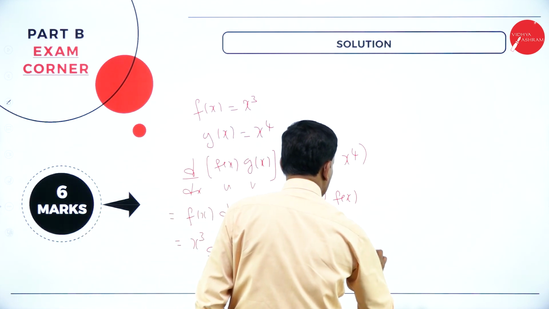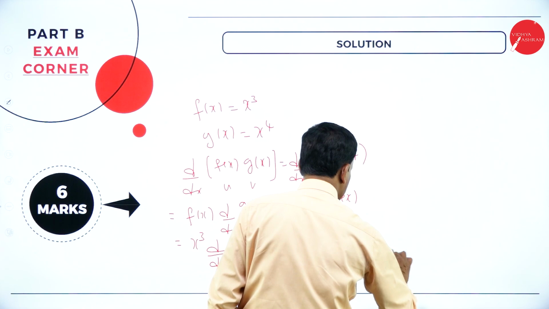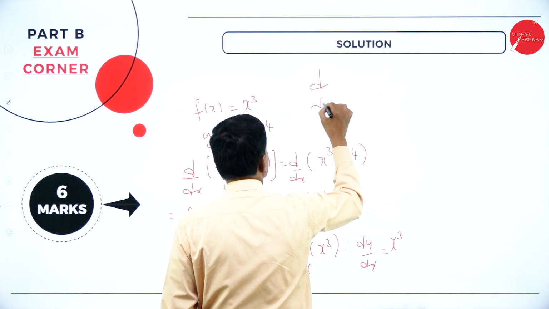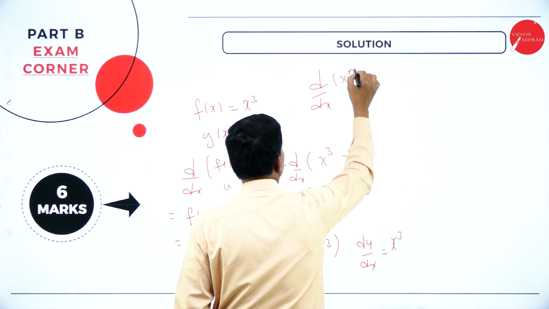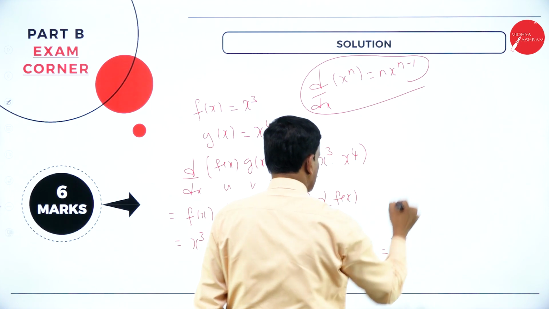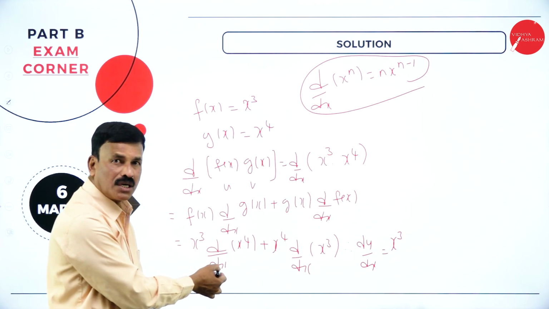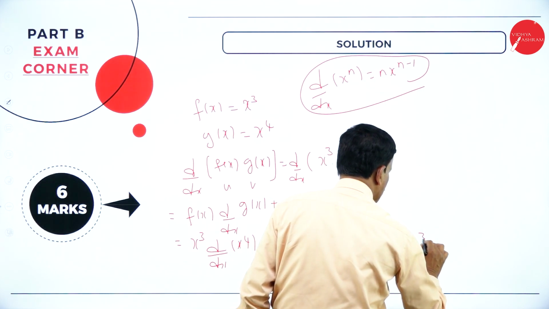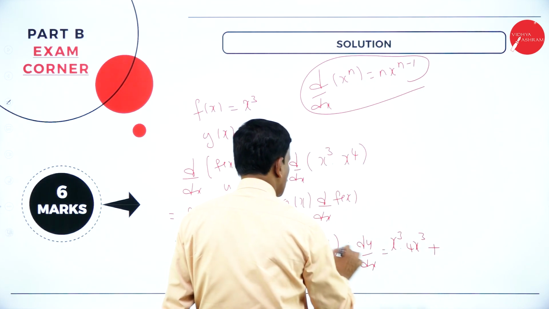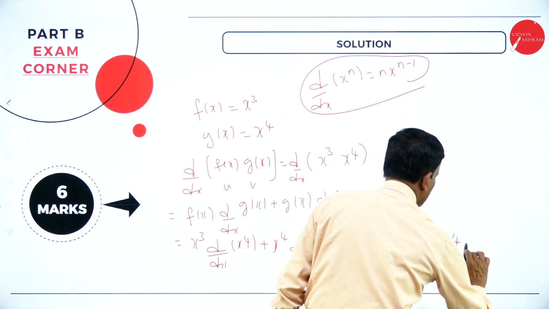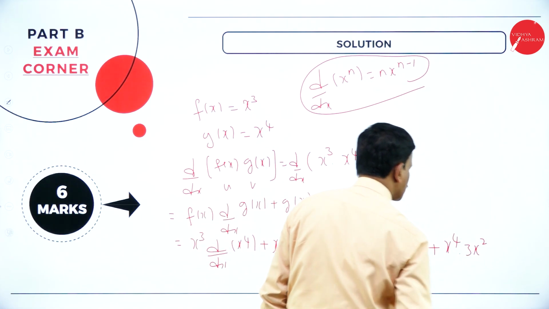So therefore this can be written as dy by dx is equal to x cube into, you know the derivative, d by dx of x to the power of n is n x to the power of n minus 1. So this can be written as x to the power of 4. What is n? N is 4. 4x to the power of 4 minus 1 is 3, plus x to the power of 4 constant and differentiation of x cube, n is 3, x to the power of 3 minus 1 is 2.